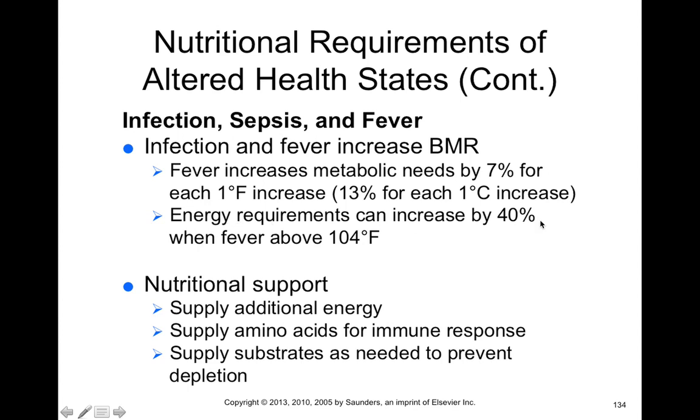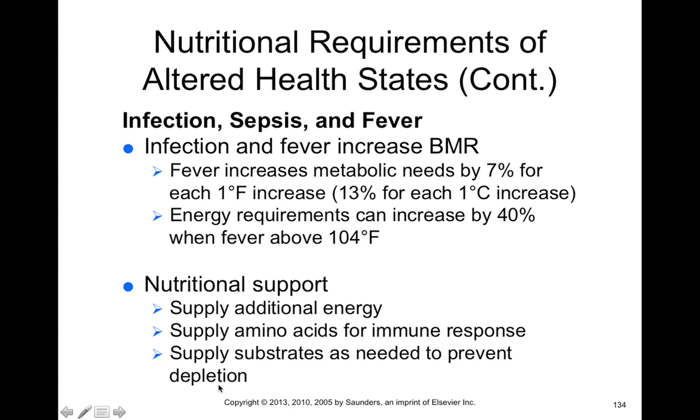And energy requirements can increase by 40% if someone has a fever above 104. But when you're approaching fevers of 104 or more, you're nearing fatal levels. But they're also going to need a lot more energy to support that hypermetabolism. Now, nutritional support is mediated by supplying additional energy, amino acids for immune responses, and supplying substrates to prevent depletion.